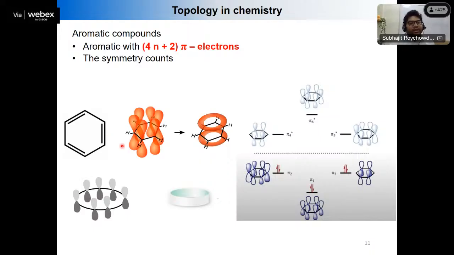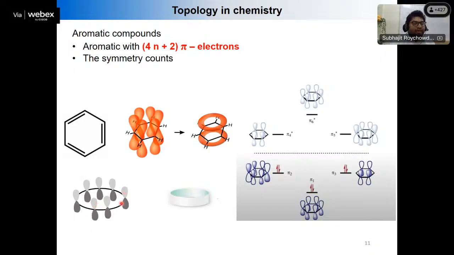Now if we look at it in more detail, you can see that the pi electrons are delocalized throughout the benzene ring. From the MO diagram and the electron count, we can say that this is an aromatic system which follows Huckel's formula of 4n plus 2 pi electrons. But let's say you have an 8-membered ring.